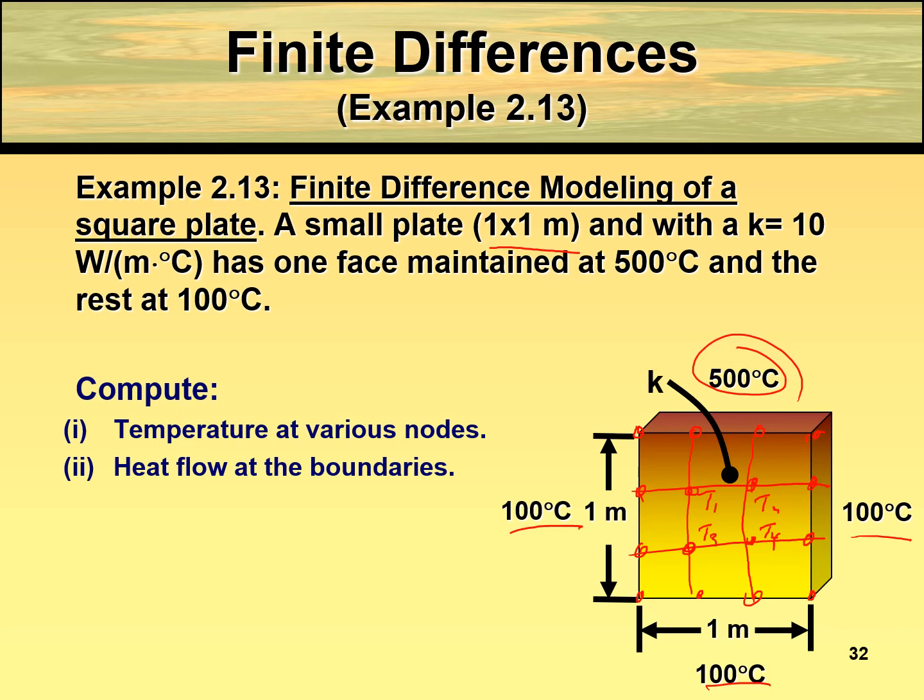We know the temperature of these nodes: these nodes' temperature is 500, these nodes is 100, these two nodes is 100, and these two nodes is 100. So what is left is we want to find these four temperatures, and how are we going to apply our finite difference method modeling to solve problems related to temperatures as shown in this problem, right? Of course, these values are given, these are your boundary values, and they will be helpful to you to solve the problem.